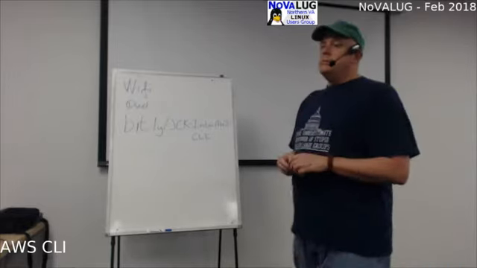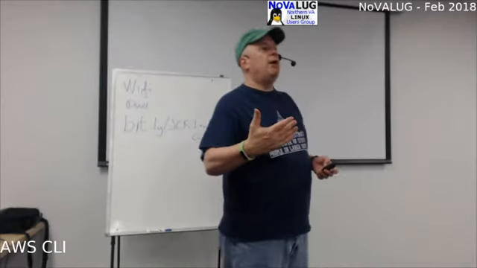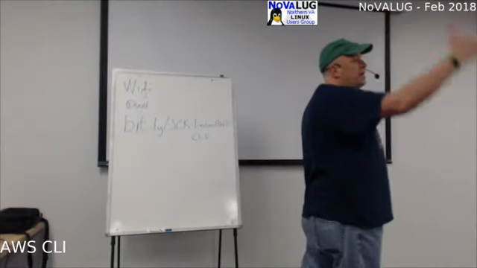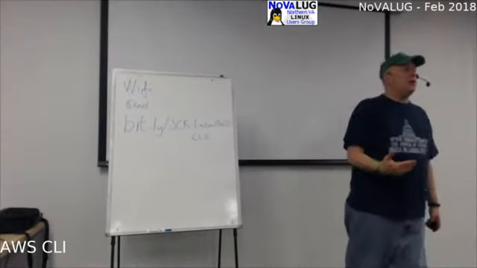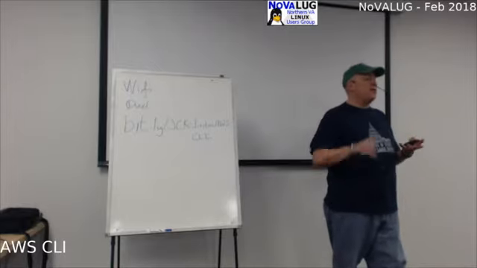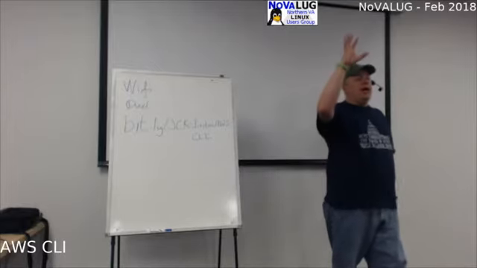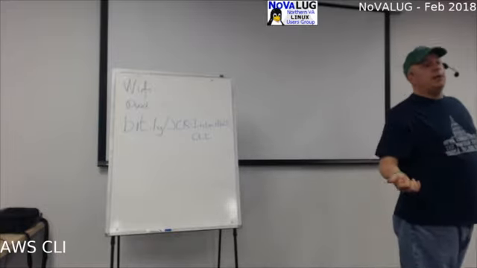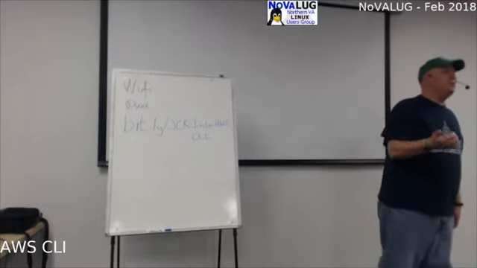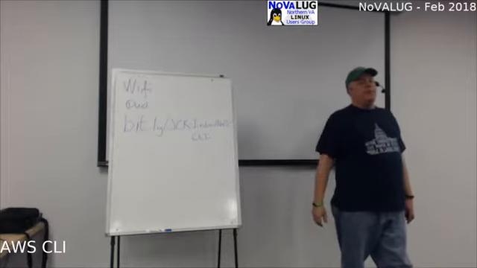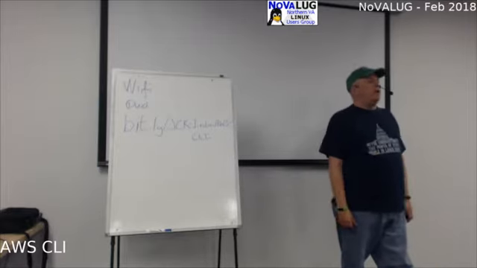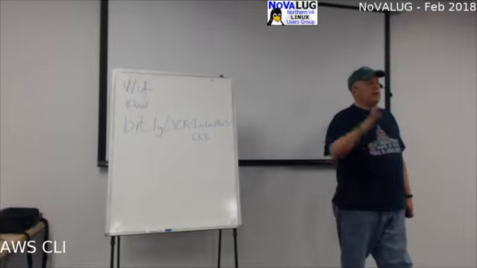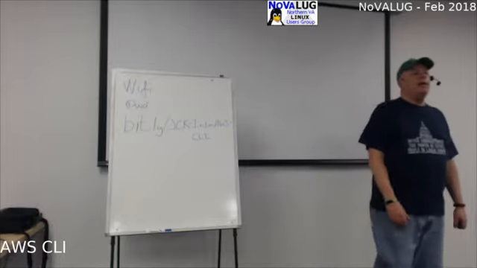If you start with, say, AWS help, it will list out all the services that you can use, like S3, SSM, RDS, and just a boatload. Some of you have heard of Lambda. There's Lambda CLI. There's a good 40 or 50 different services that you can use through the CLI.